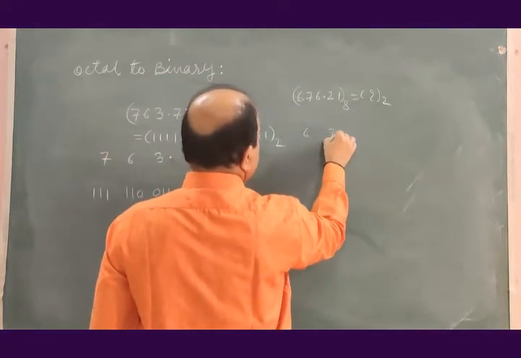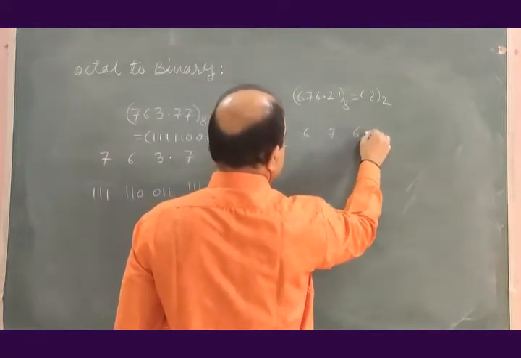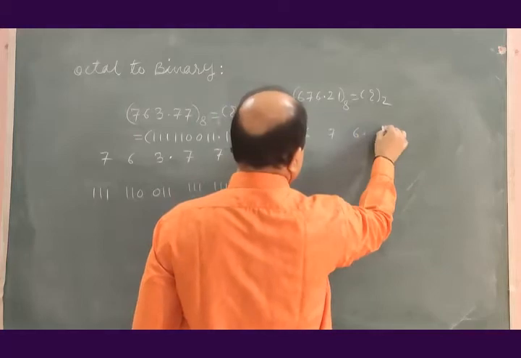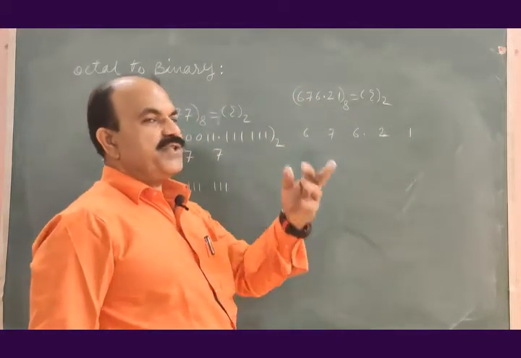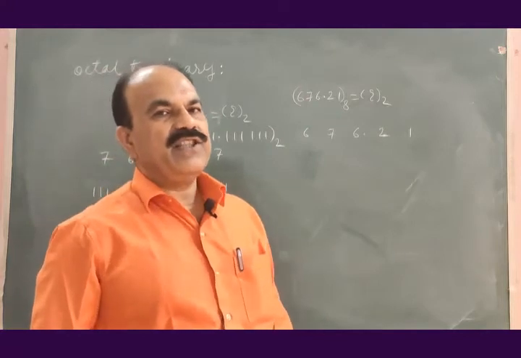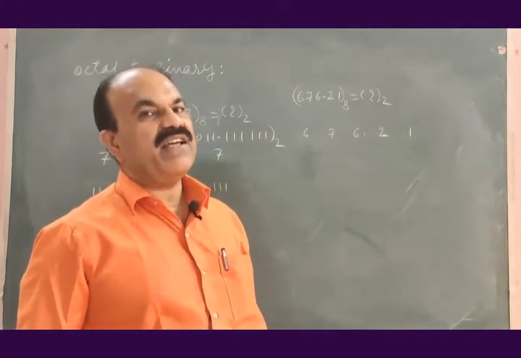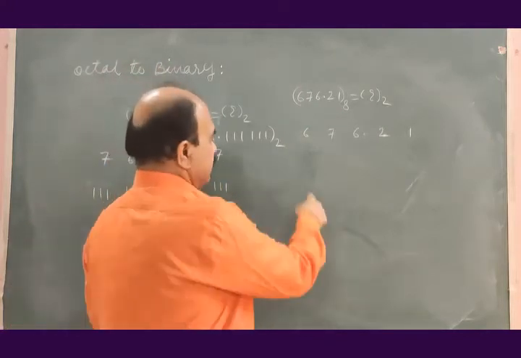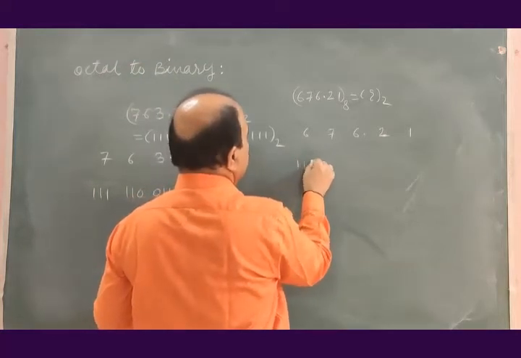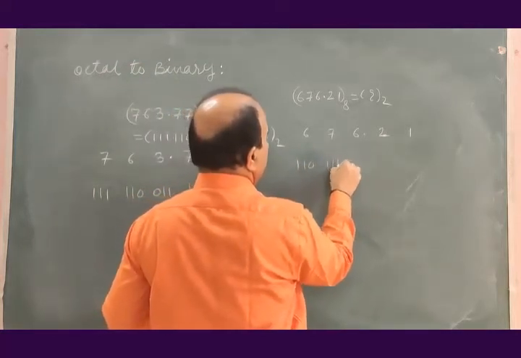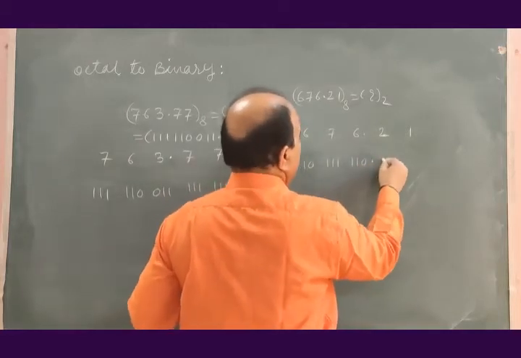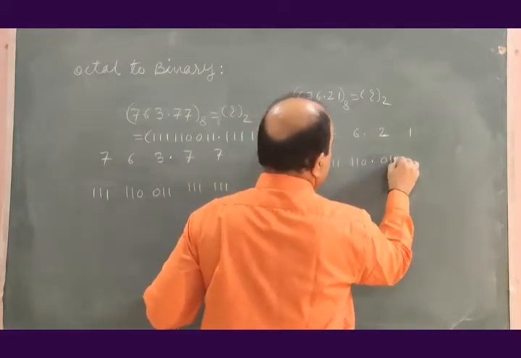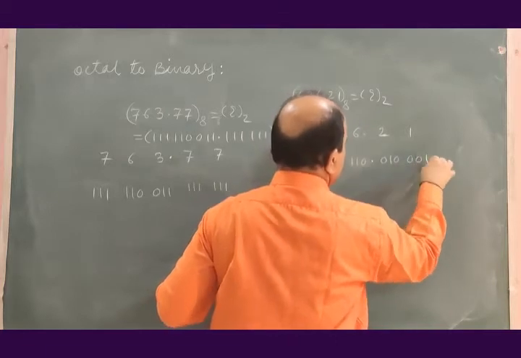Six, 7, 6, octal point 2, 1. Every digit is to be replaced by its 3-bit binary equivalent. 6 is 1, 1, 0, 7 is 1, 1, 1, 6 is 1, 1, 0, binary point, 0, 1, 0, 0, 0, 1.